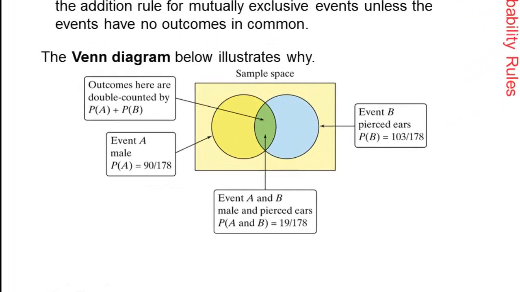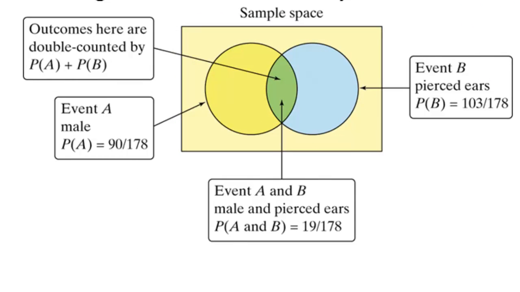If you take a look at this, you have a large yellow rectangle that represents the entire sample space. Inside there are two circles. The yellow circle is event A, meaning male. Event B is in blue.